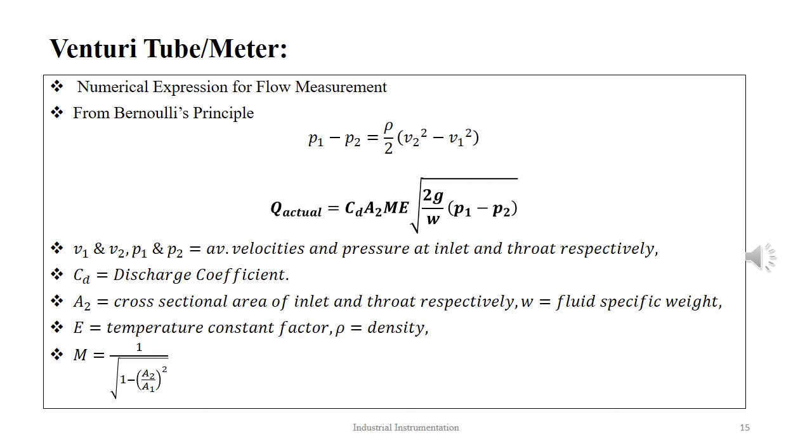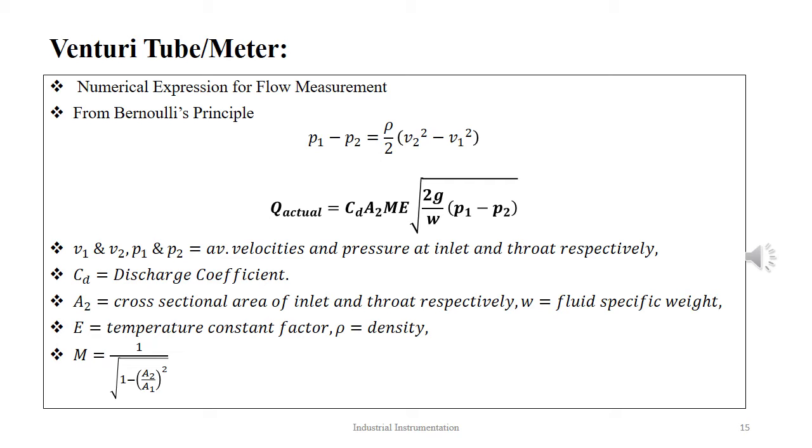We already know from Bernoulli's principle that P1 minus P2 is equal to rho by 2 times V2 square minus V1 square. Thus, for Venturi tube, the flow rate is given as CD A2 M E under root 2g by w (P1 minus P2), where V1 and V2, P1 and P2 are the average velocities and pressures at the inlet and throat respectively.